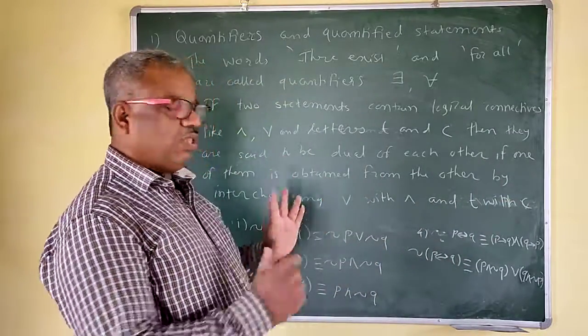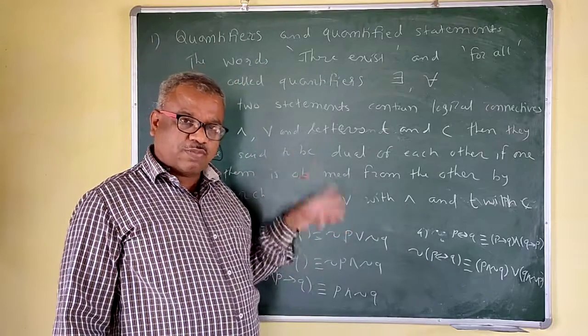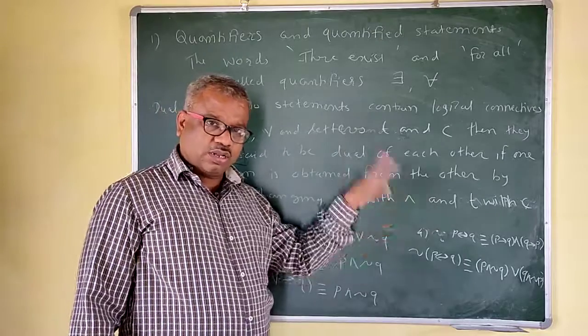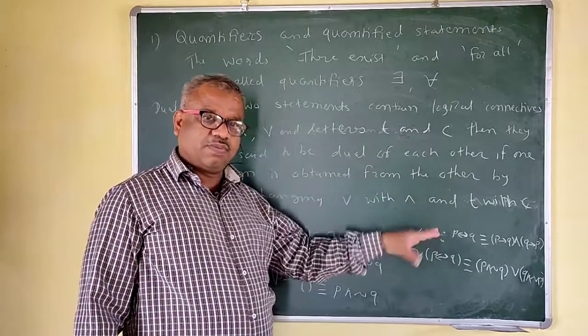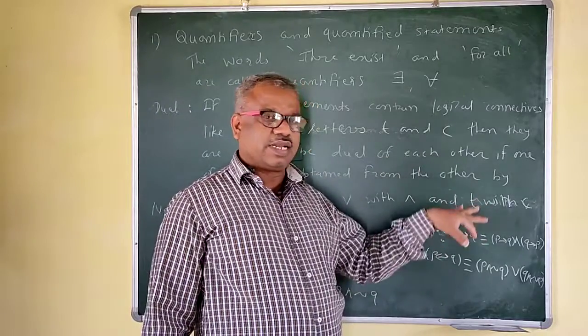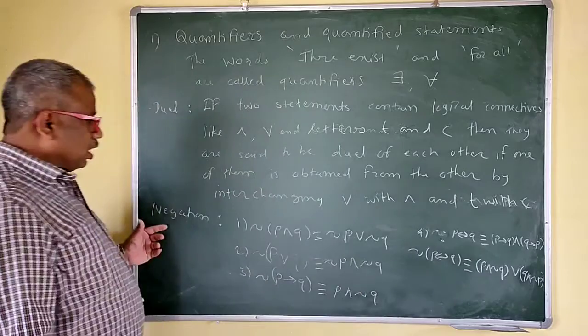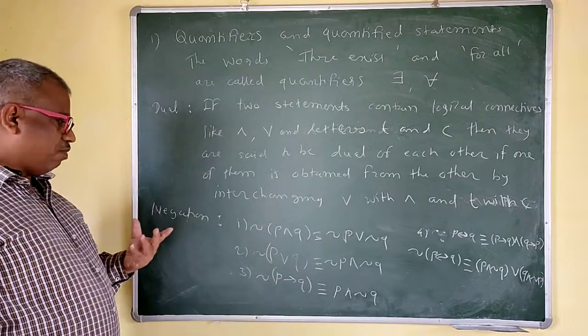We only have to make a simple change. If there is or, replace it by and. If there is and, replace it by or. If there is the letter C, replace it with T, and interchange them.